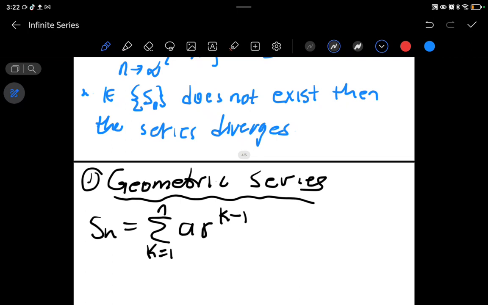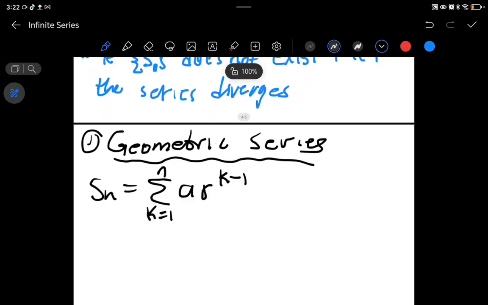So it's k minus 1 if it starts from 1. Let's do this. Let's assume that I take this k, this 1 to the left, I'll have k equals 0.